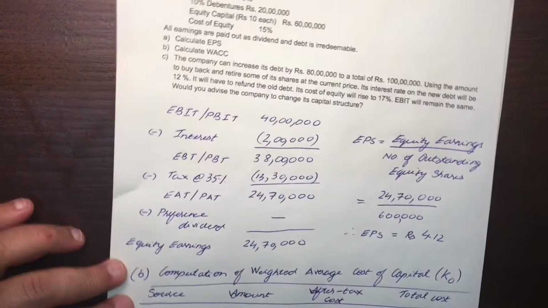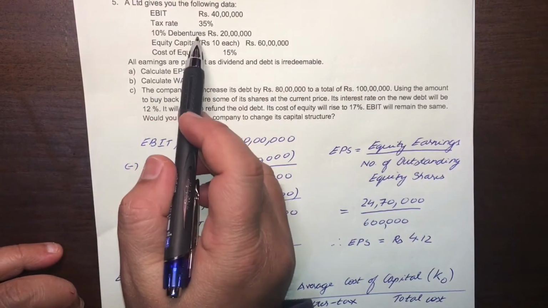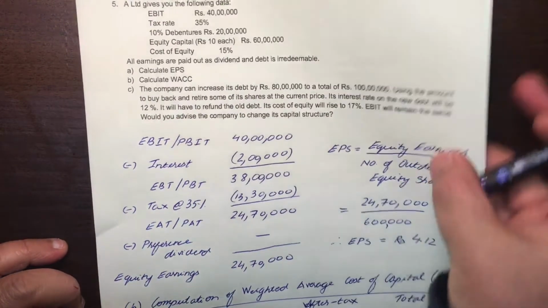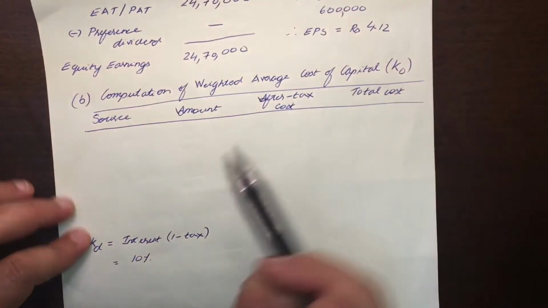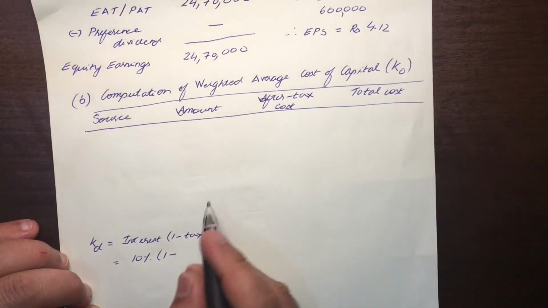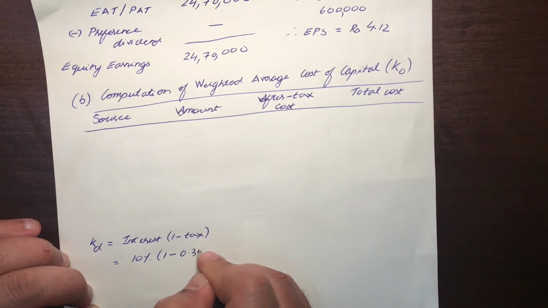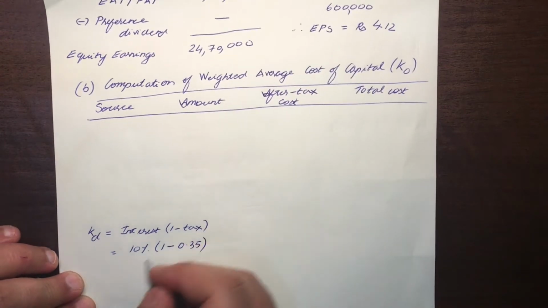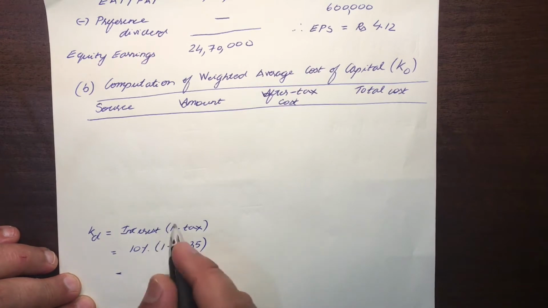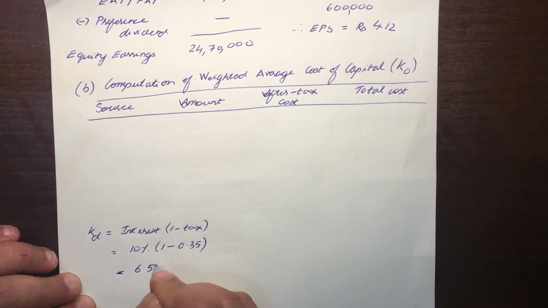All right, it's given here. You see, 10% debentures. All right, so 10% into 1 minus tax. What is the tax rate? Which is given 0.35, 35%. Okay, so therefore your KD will be 6.5%.